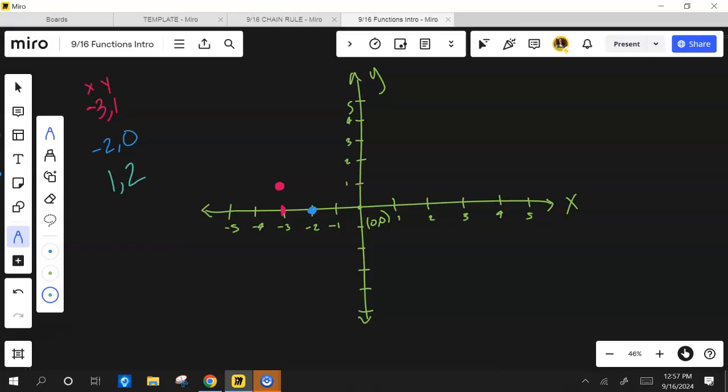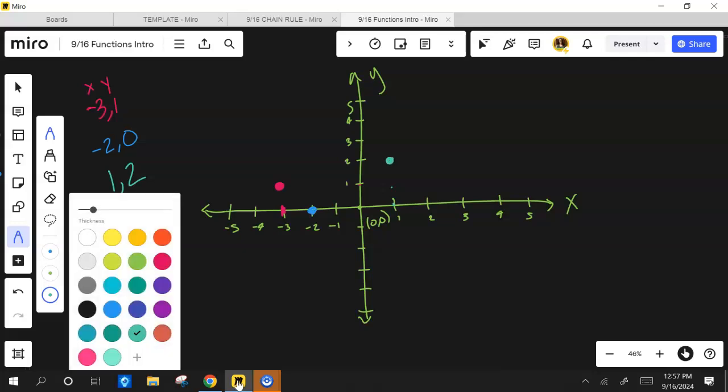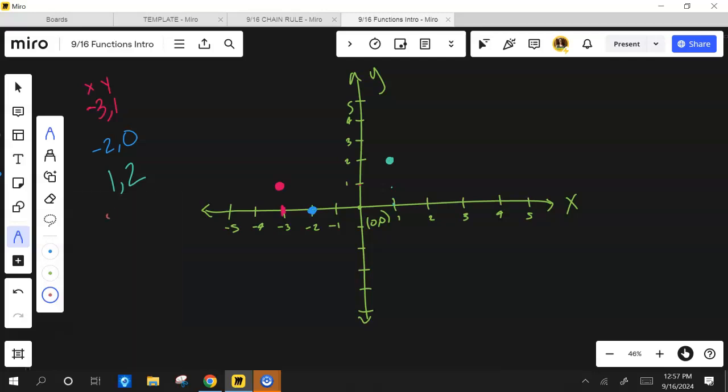How about 1, 2? Y'all really are good with this. Let's do the other one, 3, -4. Go to the right 3, down 4.